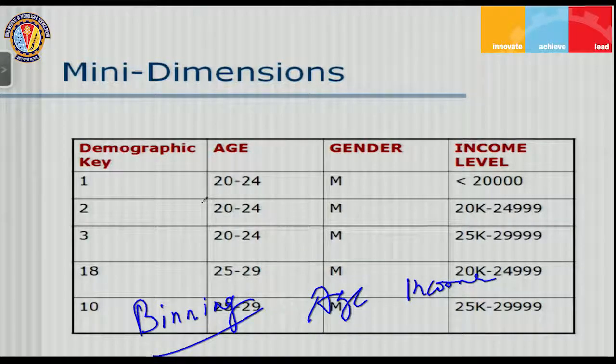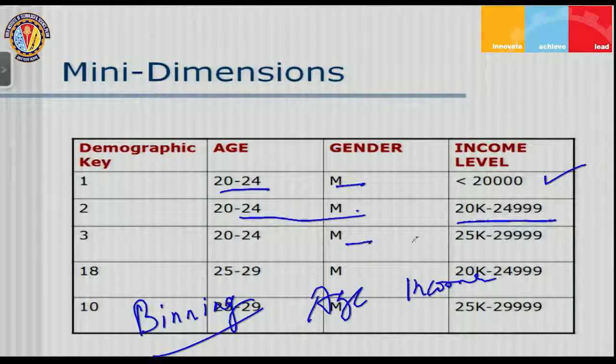All these terms are used for this kind of process. So I'm saying age is between 20 to 24, it's a male, and income level is less than 20,000. Now there could be another set of persons who are between 20 to 24, all males, and the income level is between 20K to less than 25K. Another set would be 25K to 30K, and then we go to another group.